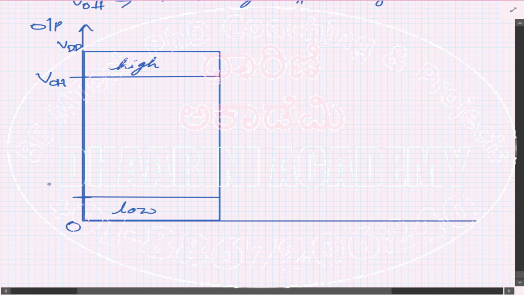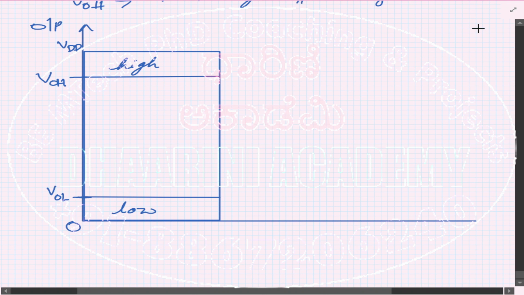Right, this has to be VOL. Perfect. Now on this side I have written the output. At the same time I'll write the inputs on the other side. This is my input side. I'm trying to plot the inputs on this side.